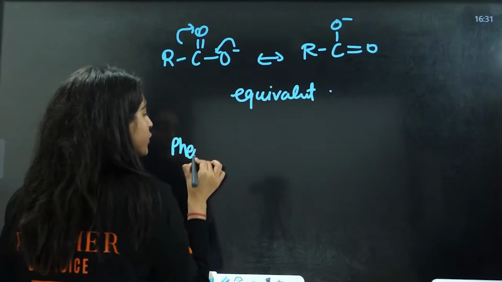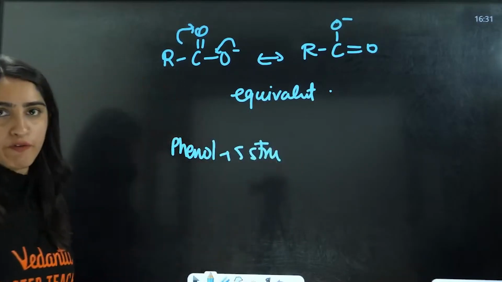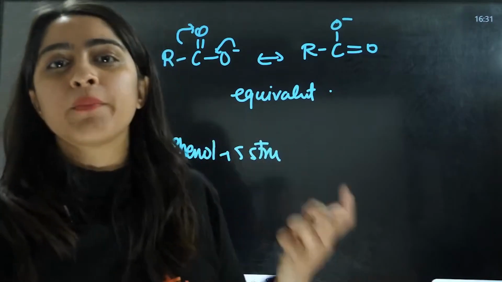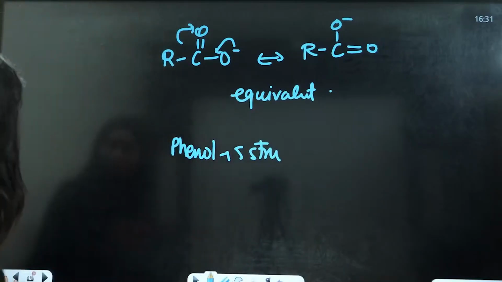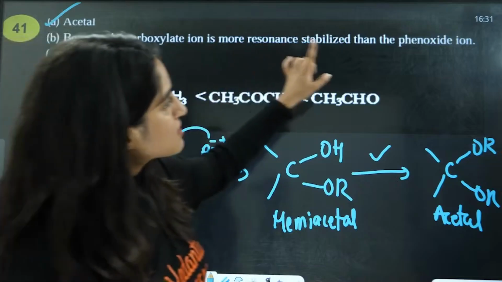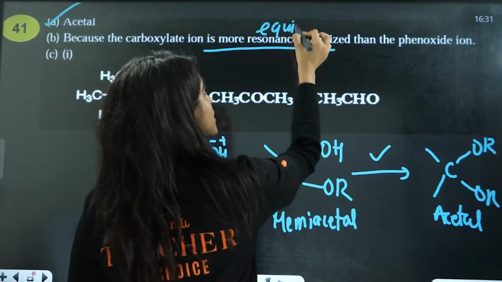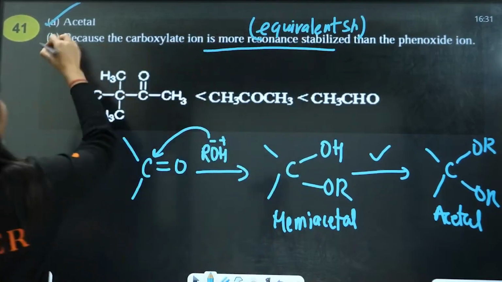But in phenol, you have 5 resonating structures which are not equivalent, and equivalent structures are always more stable as compared to a larger number of non-equivalent structures. So this has more resonance stabilization than this, because of equivalent structures. Very important question.